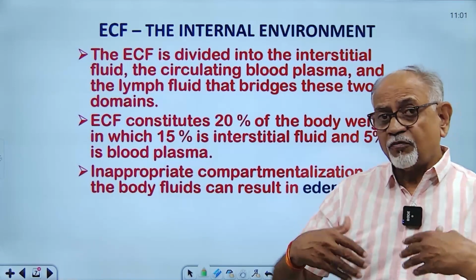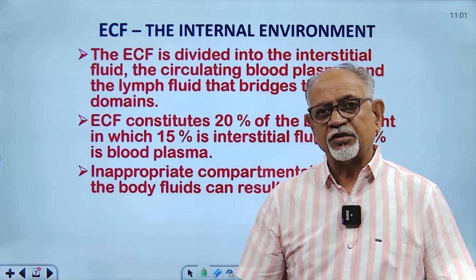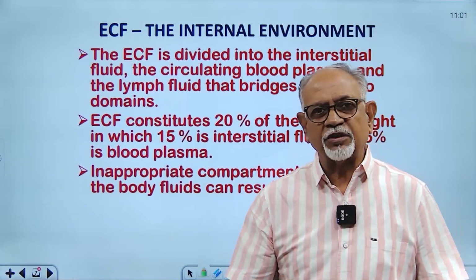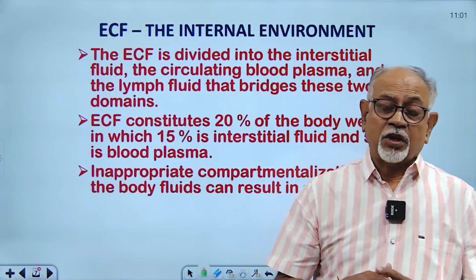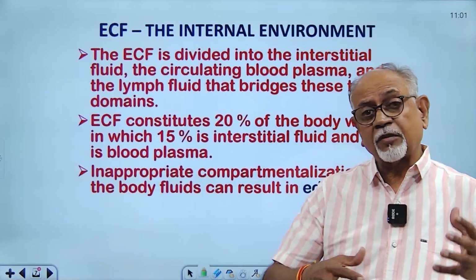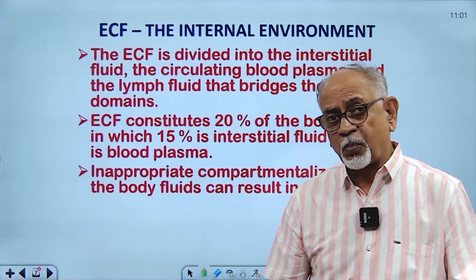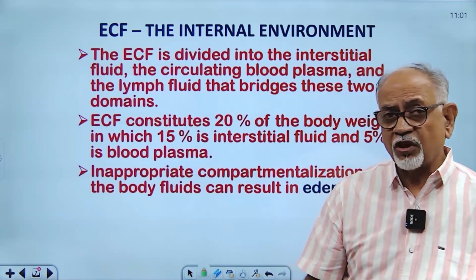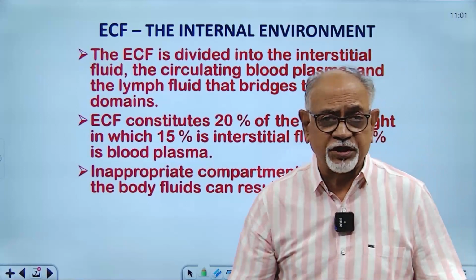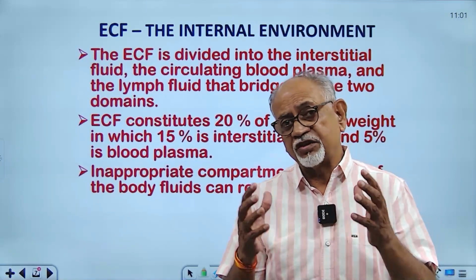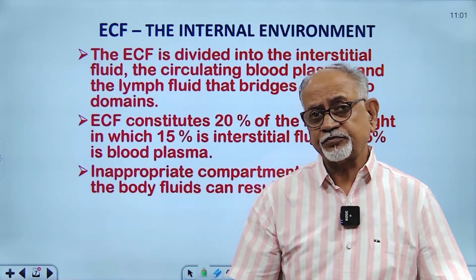Now, apart from these two compartments, there is a compartment called lymph. The blood is supplied to different organs through a capillary network where filtration of blood takes place and interstitial fluid is formed.